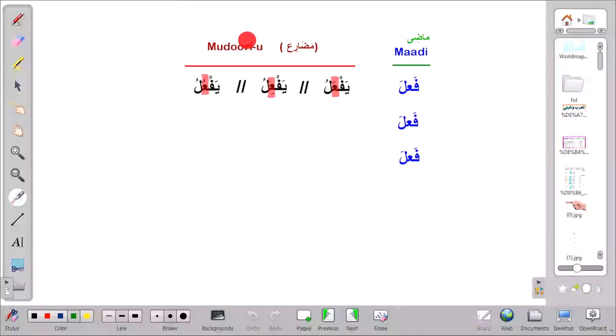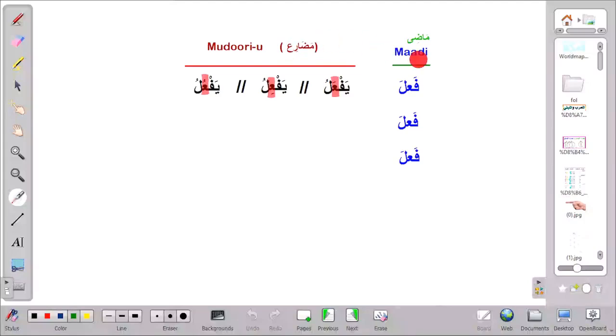Three. That's only three. Now we have looked at several af'al, several verbs in the state of madi. Then we also looked a little bit at fi'l al-mudari', even though we have not looked at it in detail. And then fi'l al-amr, inshallah, we'll learn later.